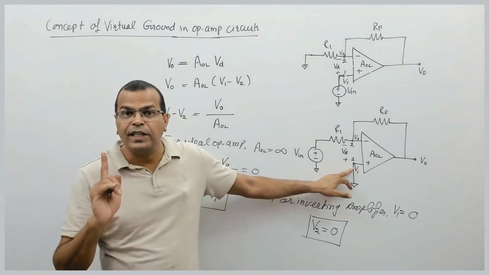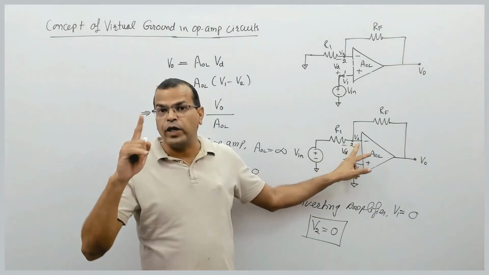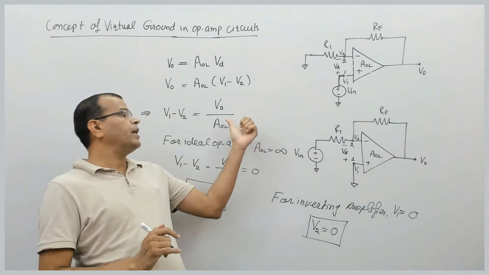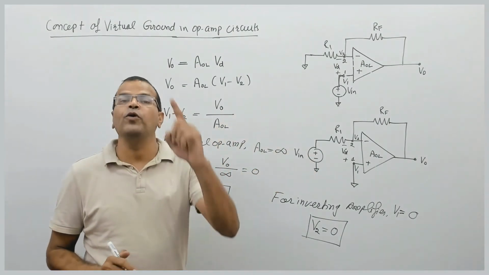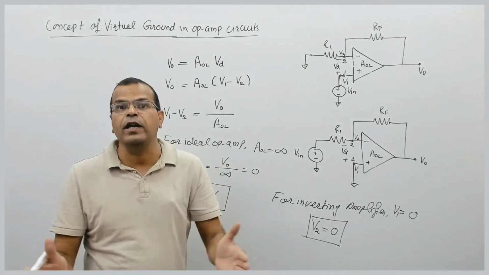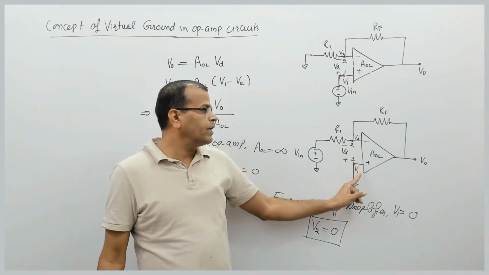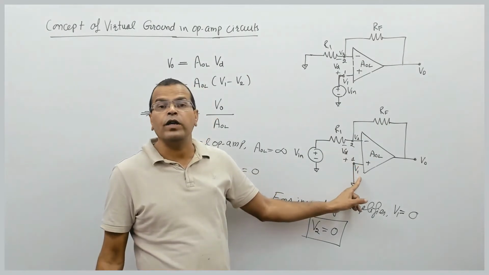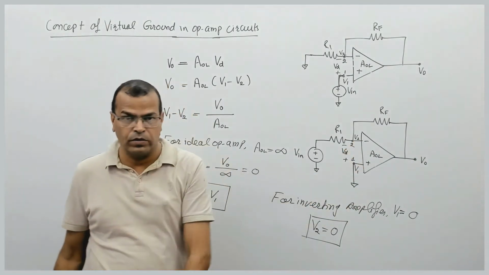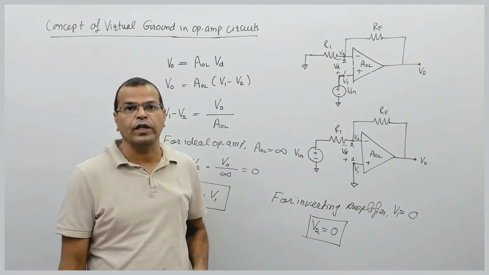If V1 is at ground potential, the terminal V2 is also at ground potential, provided your open loop gain is infinite. That means your op-amp is ideal. So for an ideal op-amp, if the non-inverting terminal is connected to ground in an inverting amplifier, the terminal V2 is also at ground potential.